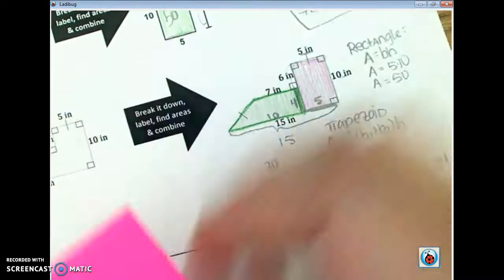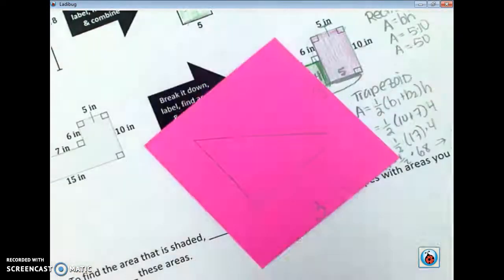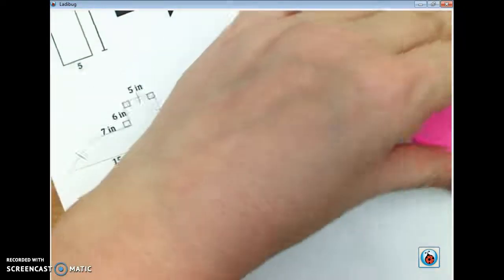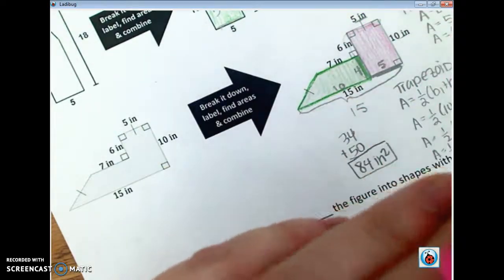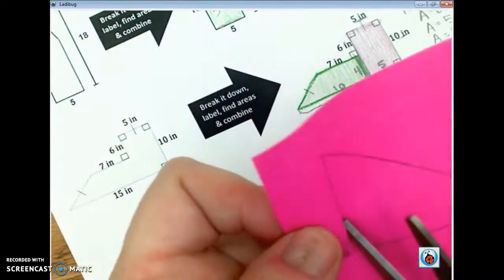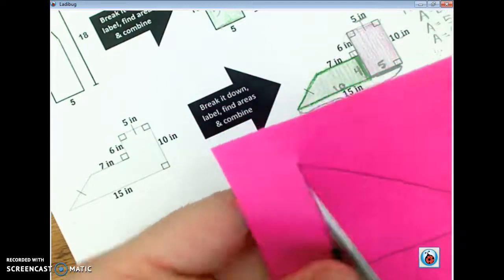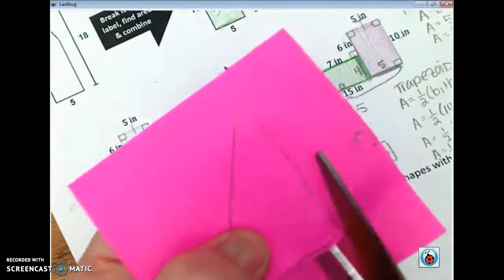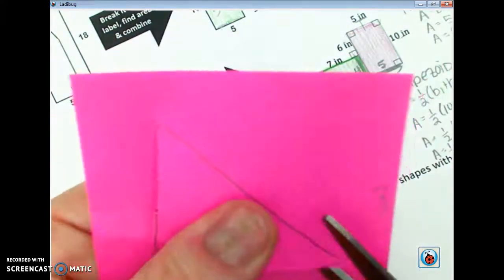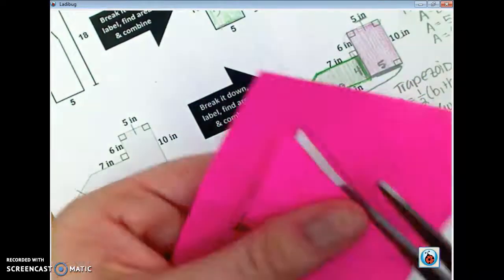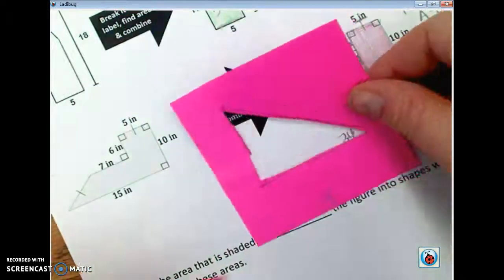Okay? And I'm going to go ahead and cut that out. See if I can do this without messing up the paper too much. It's not going to be pretty, folks, but you'll get the idea. Alright, so here's what I had.